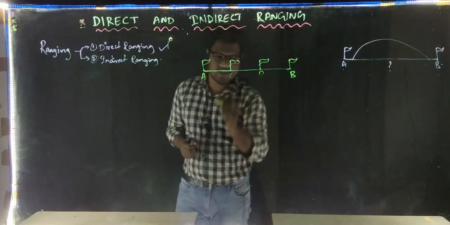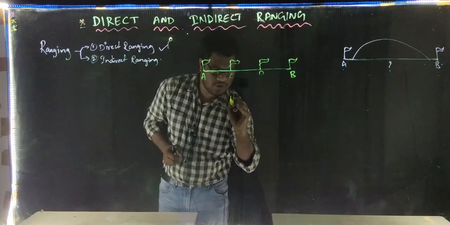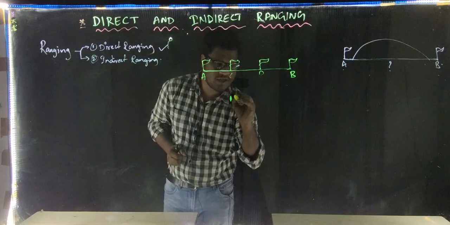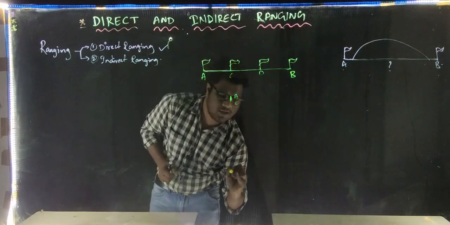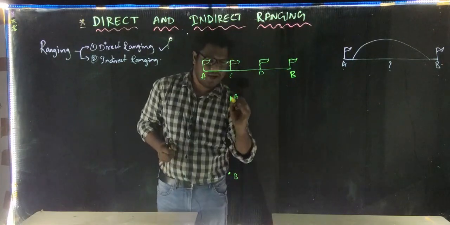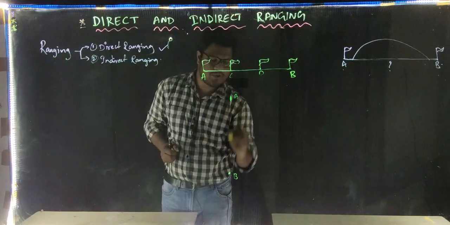How can I measure? For example, in the top view, here there is station A and here it is station B, and I want to measure the distance between these two stations.